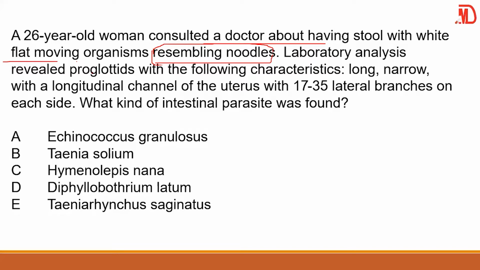Laboratory analysis revealed proglottids with the following characteristics: they are long, narrow, with a longitudinal channel of the uterus, 17 to 35 lateral branches on each side. What kind of intestinal parasite was found? Taenia saginatus.